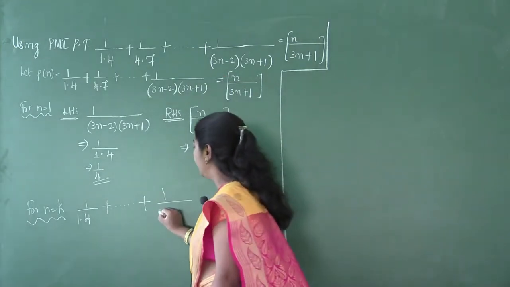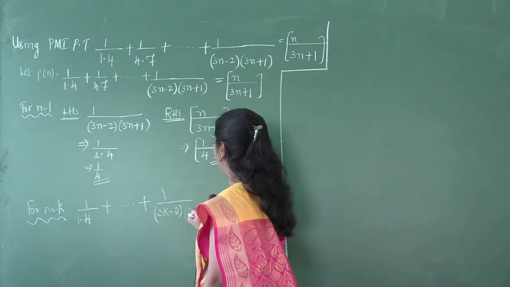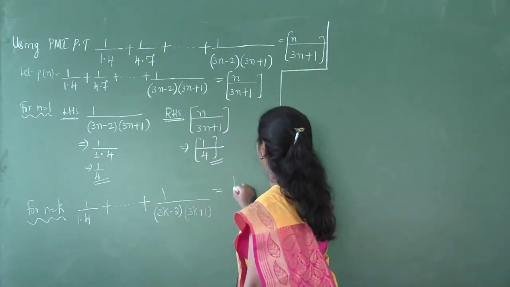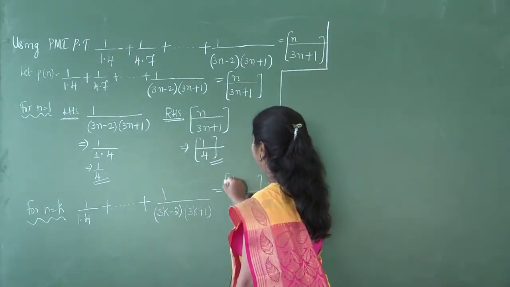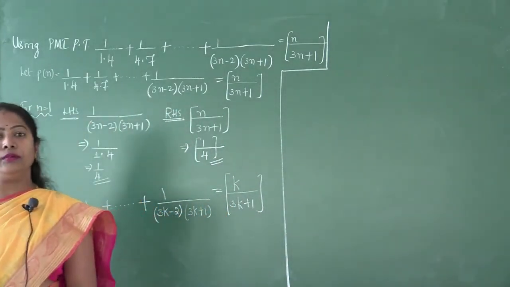K. So 1 divided by 3k minus 2 into 3k plus 1, which is equal to k upon 3k plus 1. The given statement is true for n equal to k.